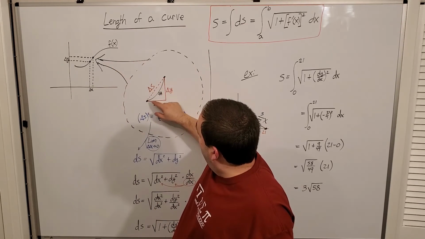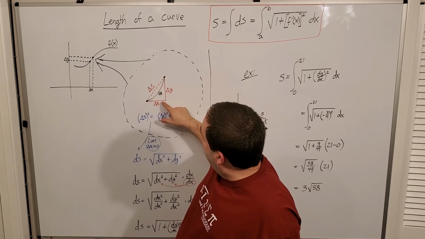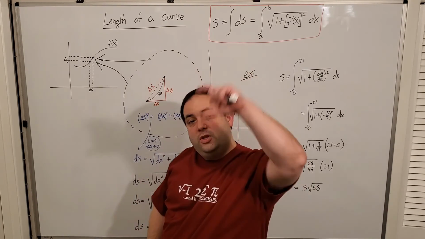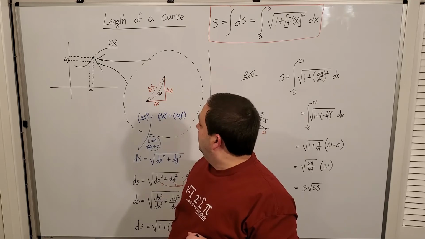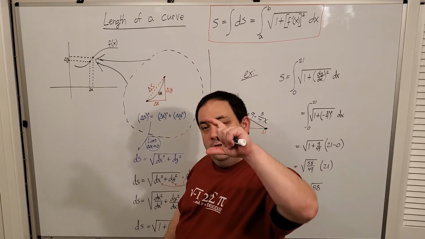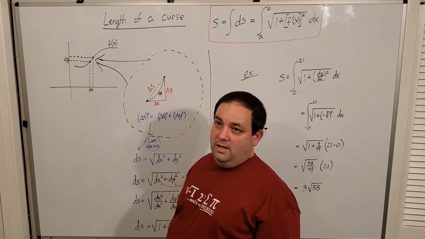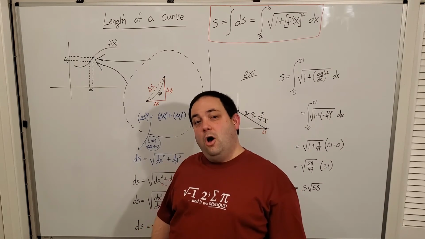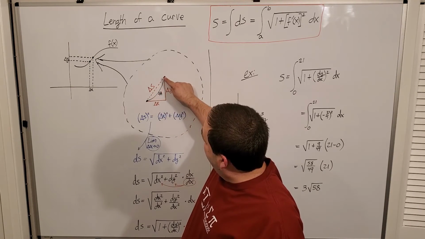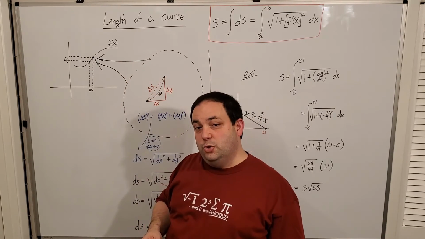And according to the Pythagorean theorem, if I label this delta s, in other words, how much the position of the curve has changed, it's sort of a weird approximation of the length of a curve. Of course, delta s is not exactly the length of this piece of the function, but the only reason you can see the difference is because we've zoomed in.